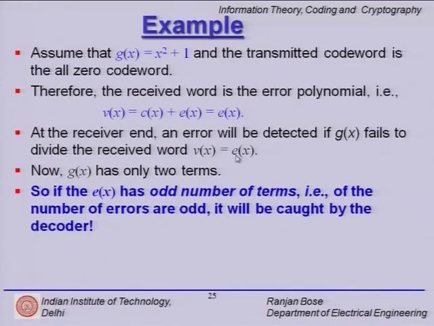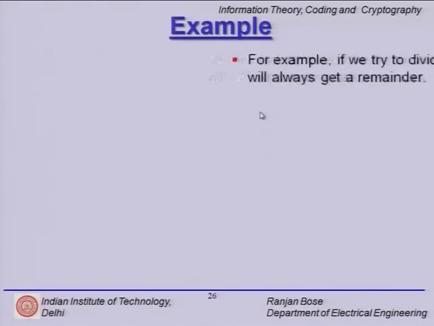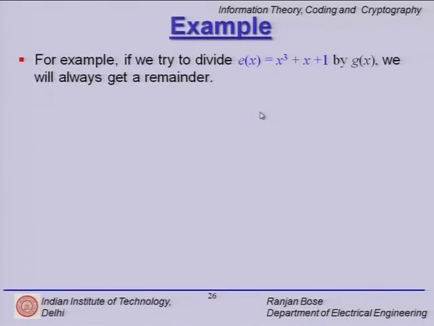So if E of x contains an odd number of terms, I will always end up with a non-zero answer, regardless of how many such terms there are. But please note, each term corresponds to one error. So we are actually going to possibly detect more errors than one, as suggested by the minimum distance. Let us carry this example forward.